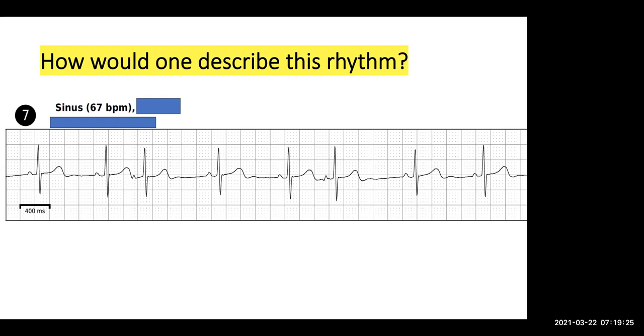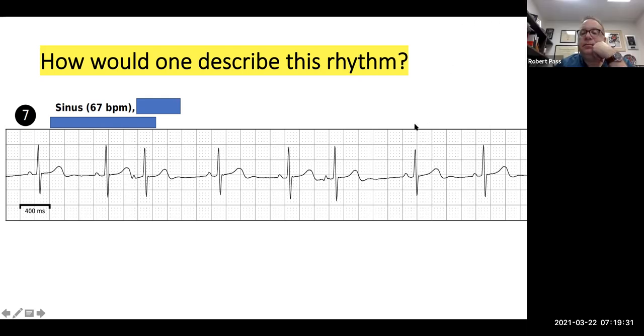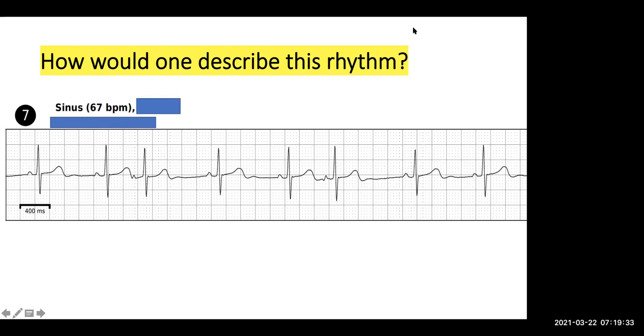At least in this strip, it's every third beat that I feel is a PAC. I just have one lead, but I'm going to presume this is sinus, the P wave axis based on this. So normal sinus rhythm with PACs in trigeminy pattern.